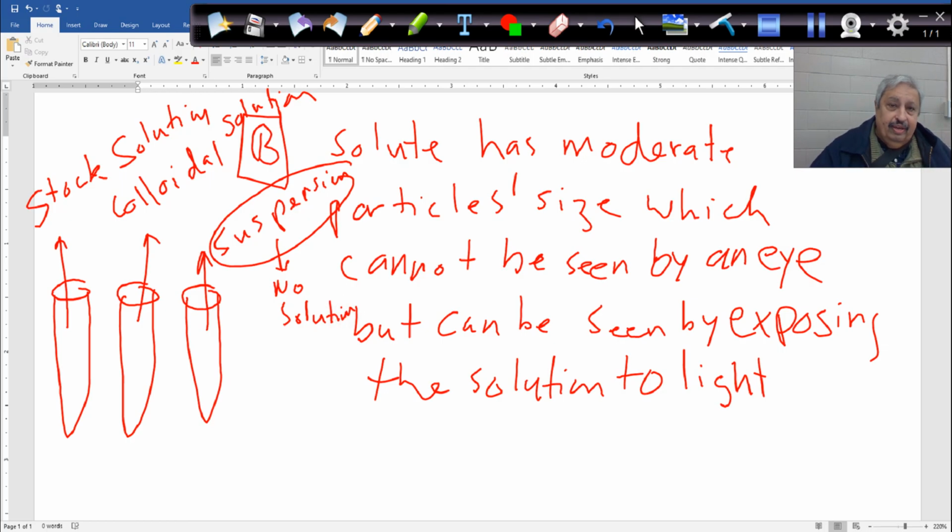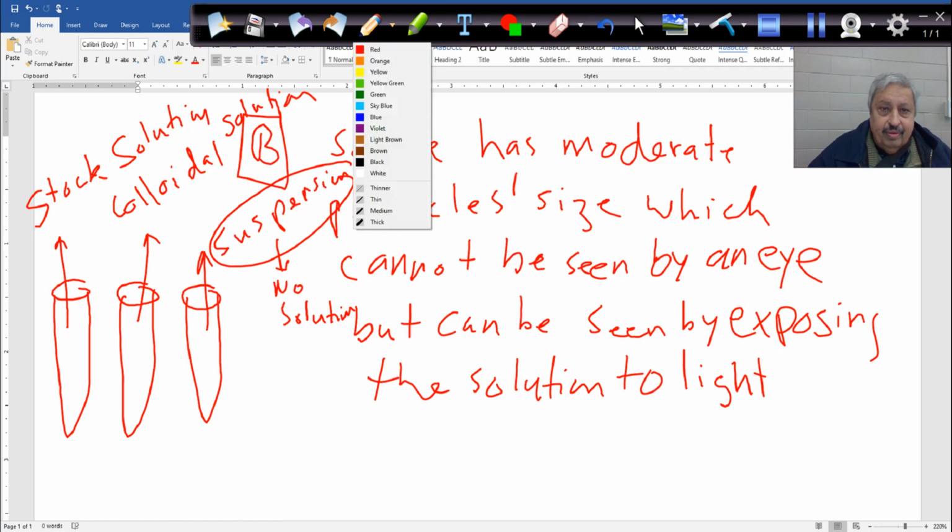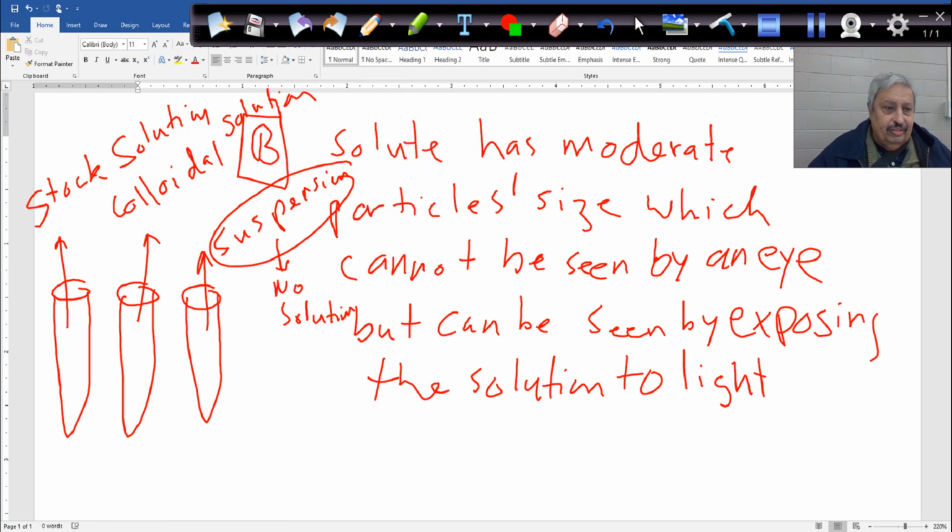So if I have a stock solution, I'll not see anything. The particle size of the solute is so tiny, it cannot be detected by my eyes or by exposing to the light.